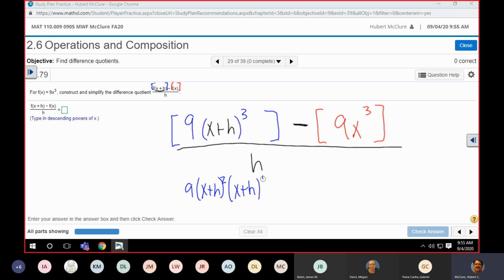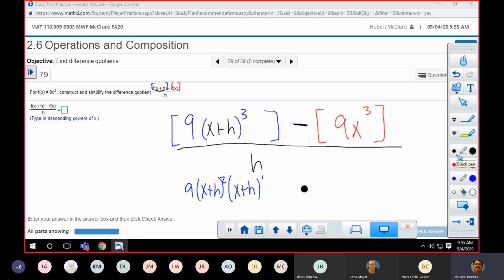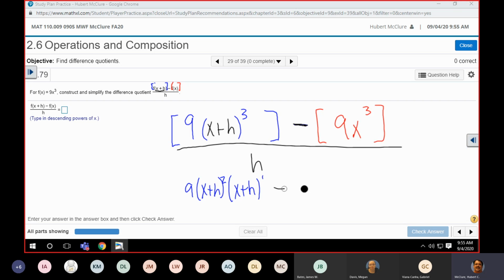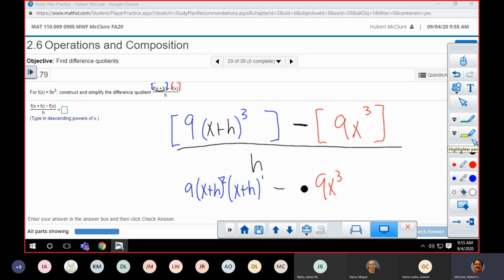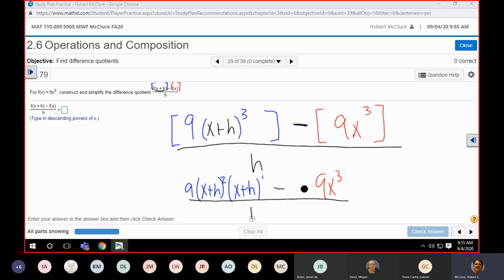So you're going to have to do a lot of algebra right there. Minus, and that 9x doesn't change anything. It just comes down. 9x cubed all over h.